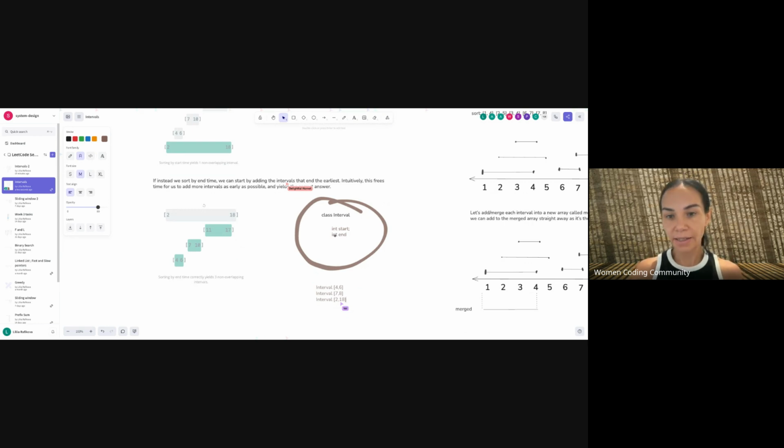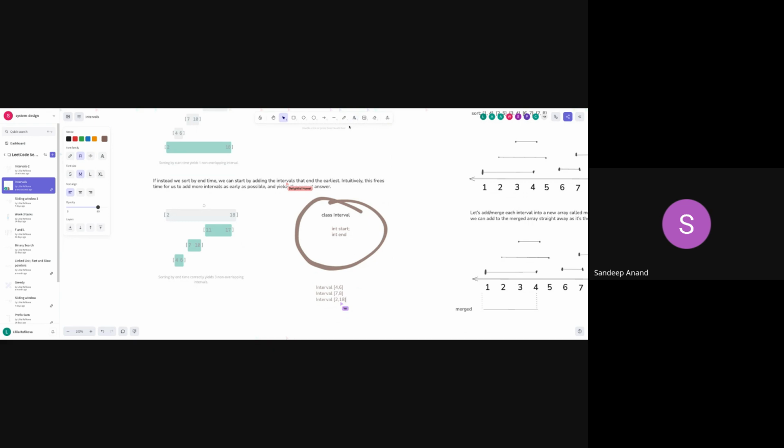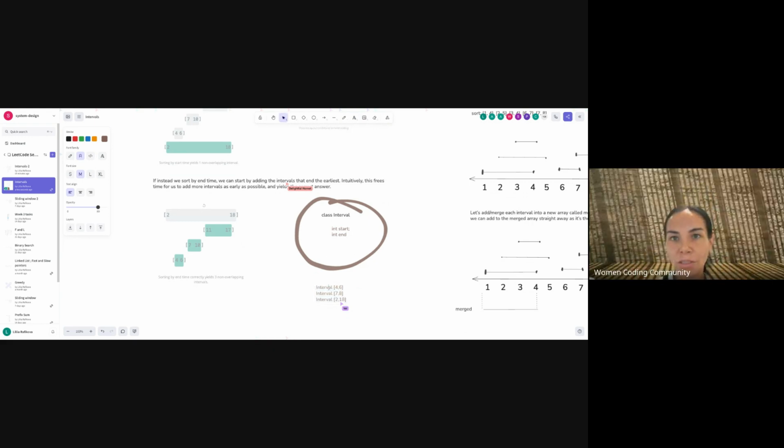I'm speaking in terms of object as used in programming languages. So we just create the new object, and then to process them, we can choose whether we want to sort them by start or by end.